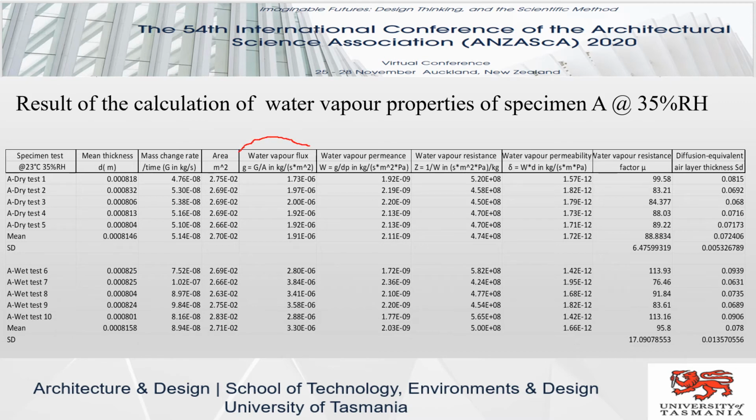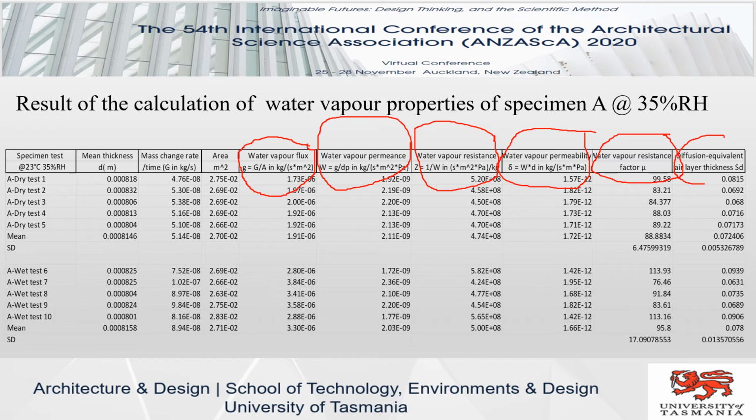Number 1, we have the water vapor flux here. It's a very important property. The water vapor permeance, also very important. The water vapor resistance, very important. We also have the water vapor permeability, the water vapor resistance factor, mu value, and the water vapor diffusion equivalent air layer thickness.